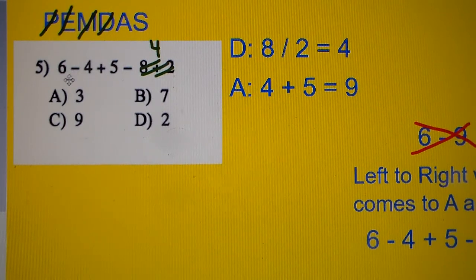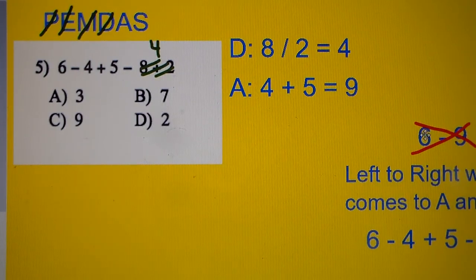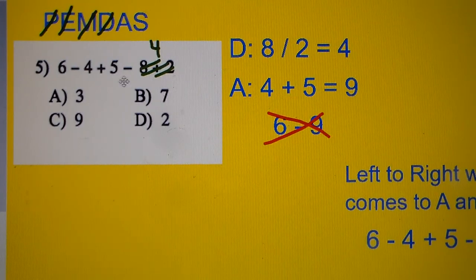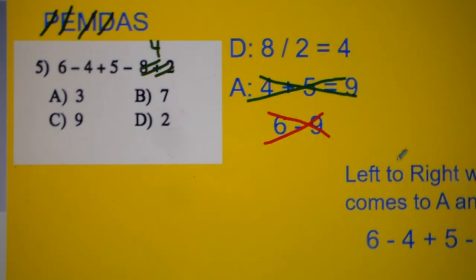And when that happens, we have to actually solve these problems from left to right. We can't add the 4 and the 5 first. So that's a no-go. We have to go left to right when there's all addition and subtraction signs left over. So left to right.